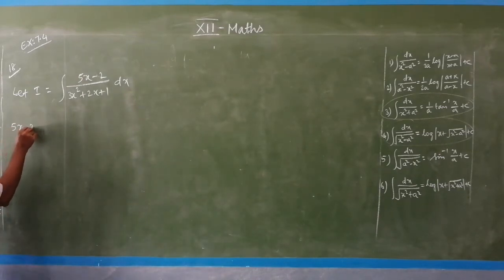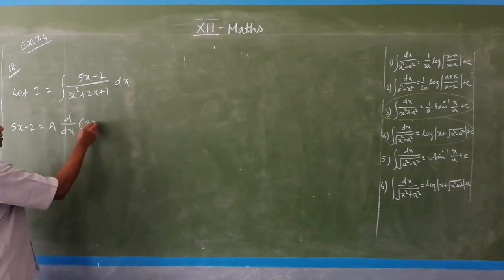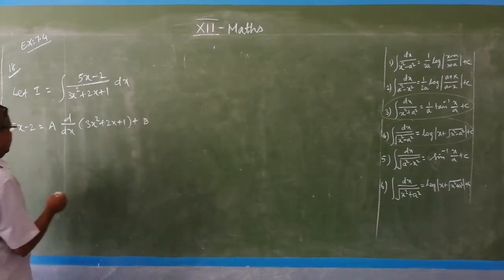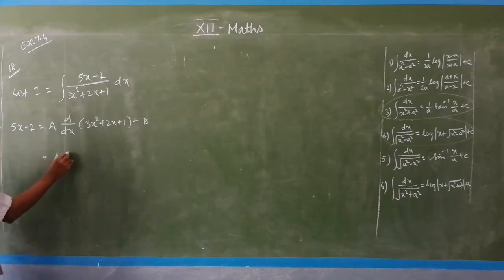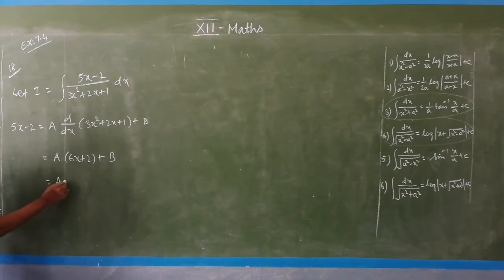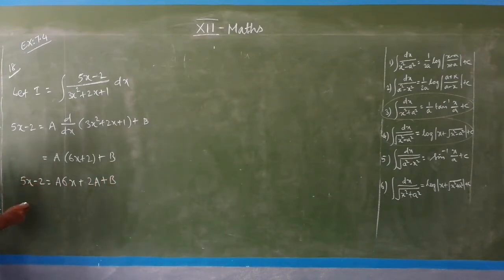We have 5x minus 2 equal to a into d by dx of the denominator, that is 3x square plus 2x plus 1, plus b. This is equal to a into 6x plus 2 plus b, that is equal to 6a x plus 2a plus b. Equating x terms, we have 5 equal to 6a, or a equal to 5 by 6.